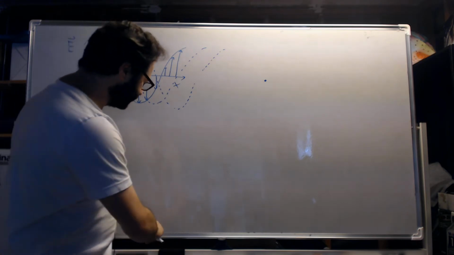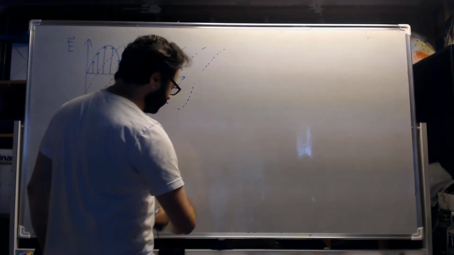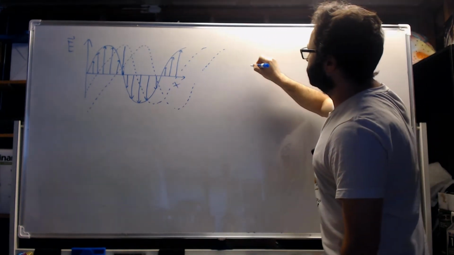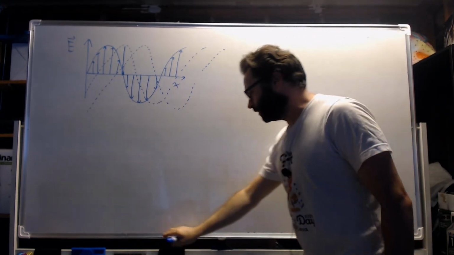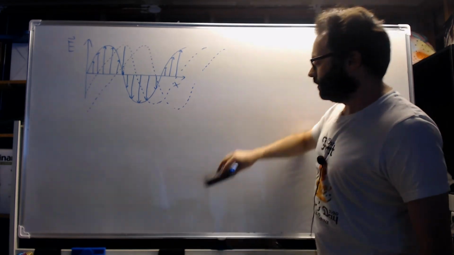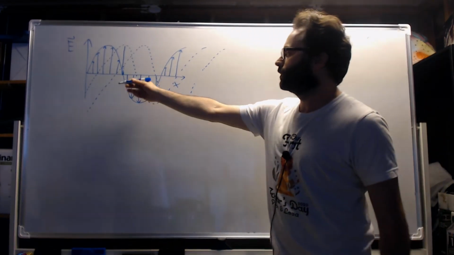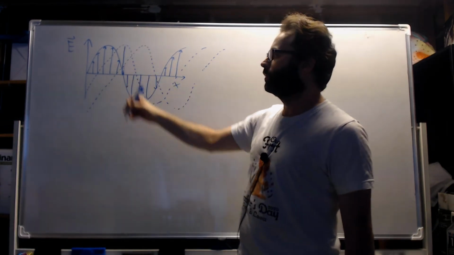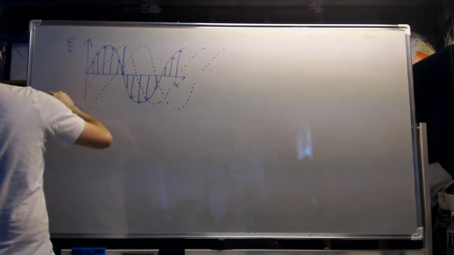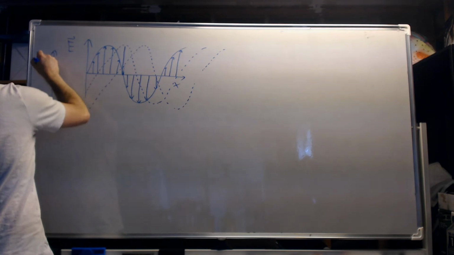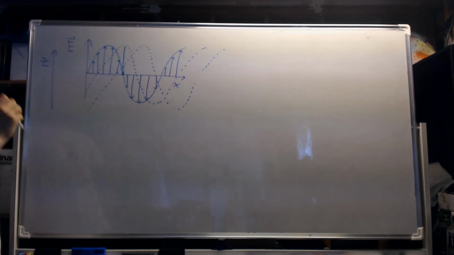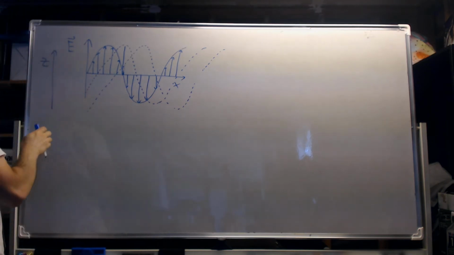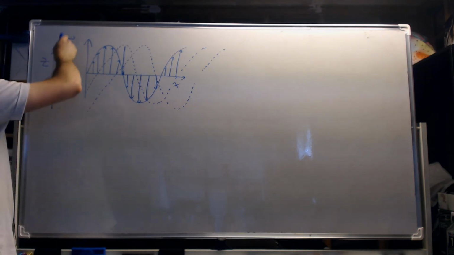And so to do this, we're going to make the electromagnetic wave a bit more quantitative. First of all, let me make this clear. Our electromagnetic wave is sweeping forward in the positive x direction and oscillating in the plane of the board. Let's call the plane of the board the axis z, so that the y-axis might be coming out of the board. But so it's moving in the direction x, and it's oscillating up and down in the z direction.